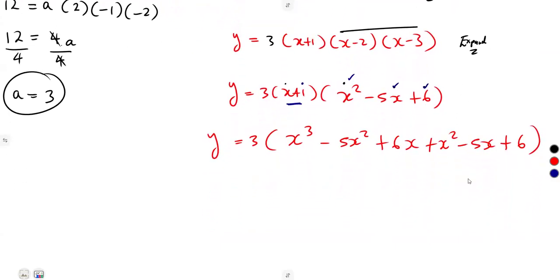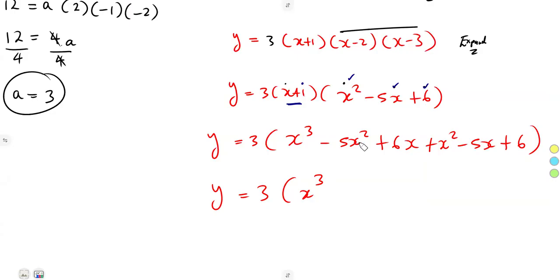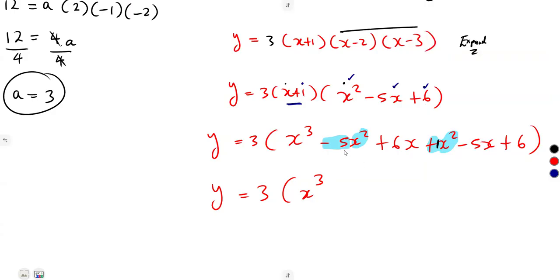Simplifying this, collecting the like terms, we have x cubed. There are like terms in x squared: minus 5 and here x squared, whose coefficient is 1. So minus 5 plus 1 is negative 4, so it is minus 4x squared.